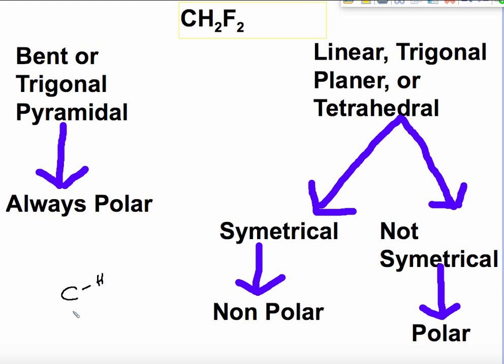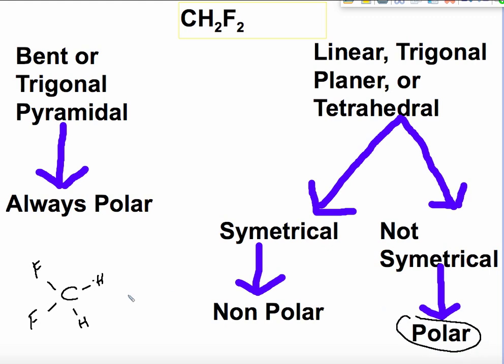Okay, CH2F2. So C, H, H, F, F. Okay, that's tetrahedral. All right, but if you look, not all 4 things are the same. Because all 4 things are not the same as you go around this molecule, it's not symmetrical.